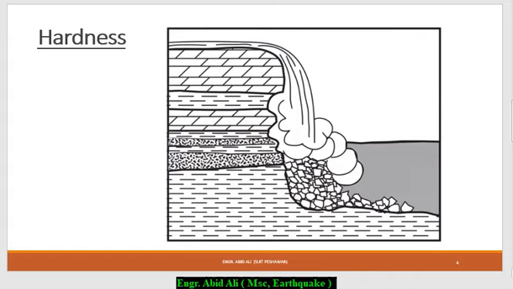If we look at this diagram, which shows a cross section of a waterfall, we will notice that some of the rock layers, like right here and right here, have been worn away more than other rock layers, like this one, which is not worn away as much as these ones down here.